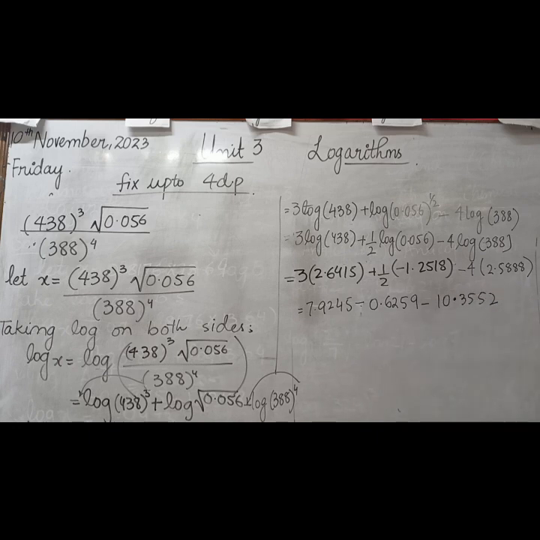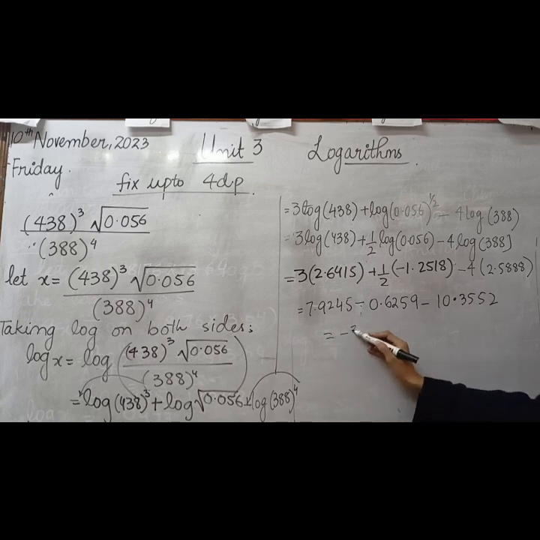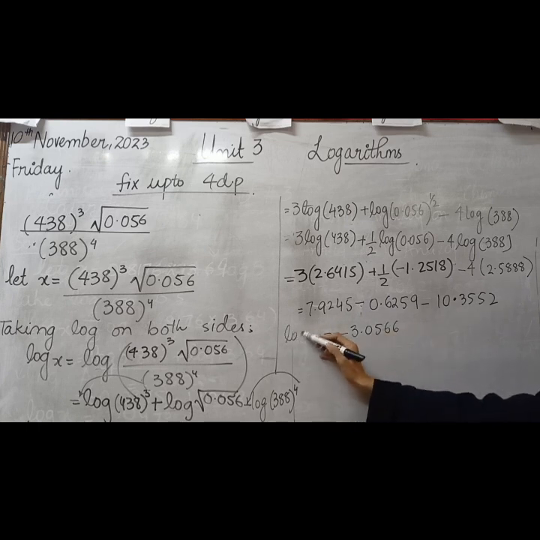Now calculate it further. 7.9245 minus 0.6259 minus 10.3552 and this is equal to minus 3.0566. Is this the answer?